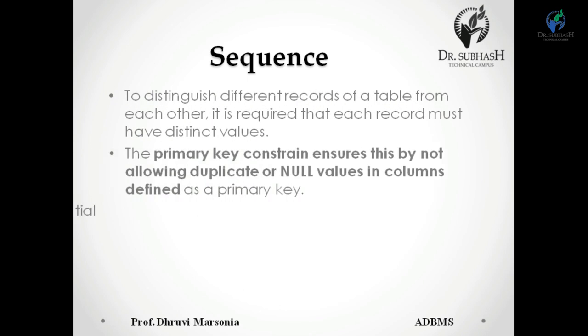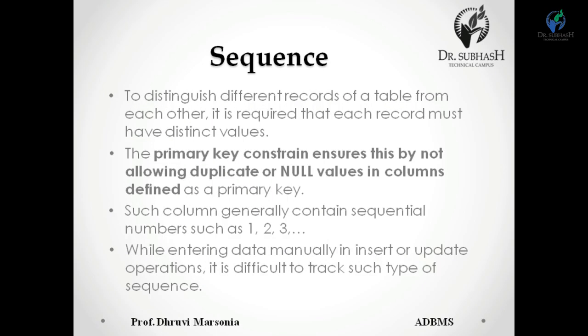Sequence. So first of all, what is a sequence? In our table, different records are available: different names, different IDs, different branches, etc. So it is required that each record must have a different value.